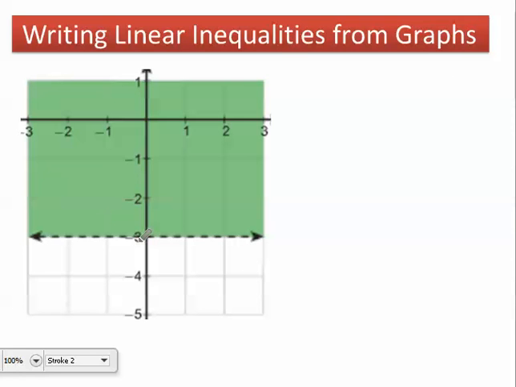Oh, wait a second. This one's really easy because it's y, and the line there is going through negative 3. Okay? And I can see that we've got everything that's bigger than that, so I know it's going to be greater than negative 3. Cool. Stick the point 0, 0, and the 0 is greater than negative 3. Yeah, that works.